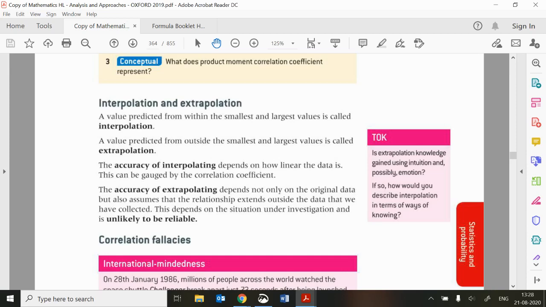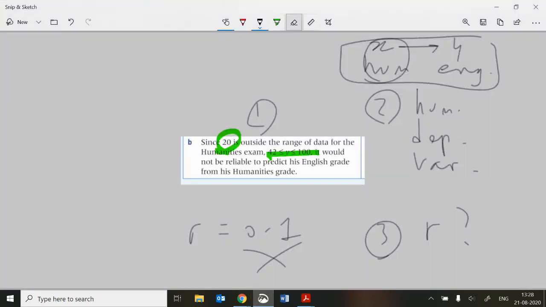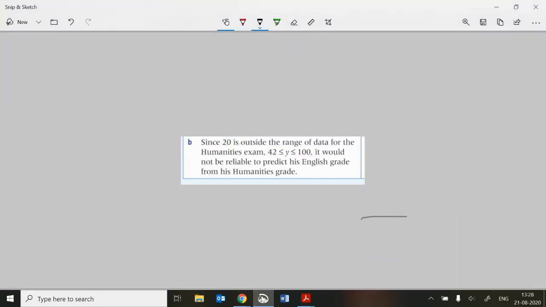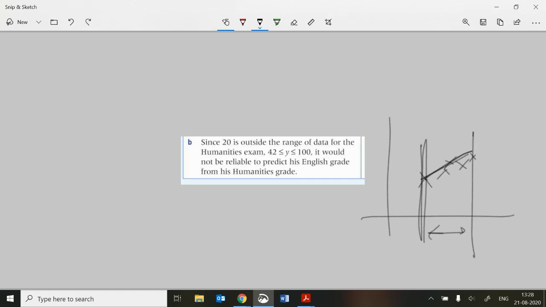Interpolation, we've already kind of mentioned. It's making predictions from within our domain for which we created our function. If we had just data here, we can only really make predictions in this range, because that's what this line is based on.